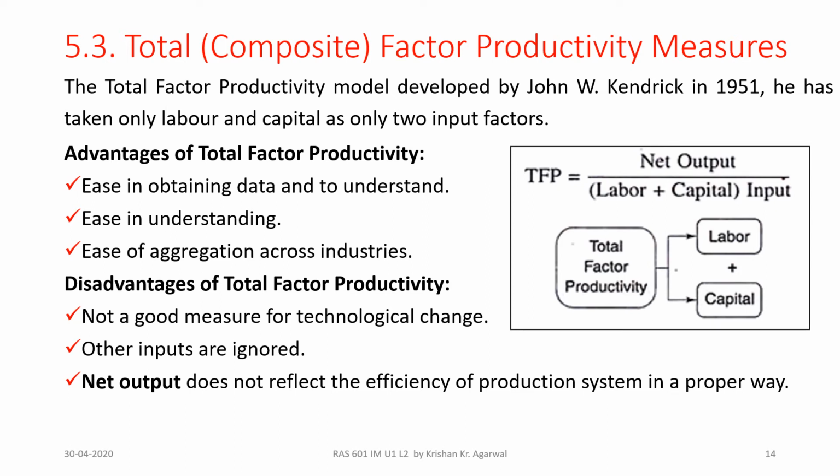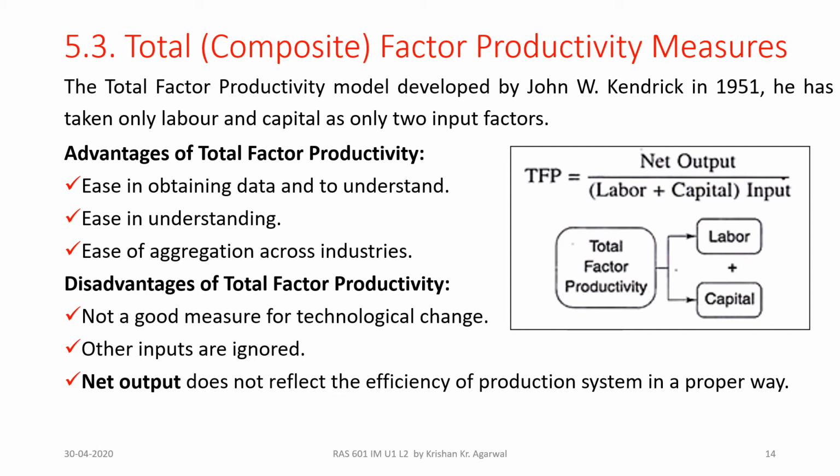Net output is the output minus any kind of services which are taken into consideration. That is not considered as a part of output. However, while calculating the total productivity, it will also be taken into consideration.